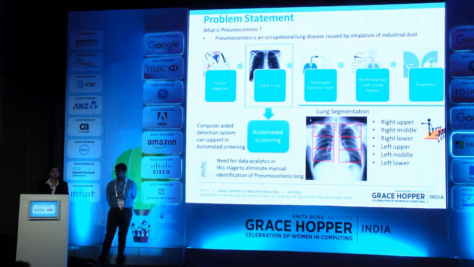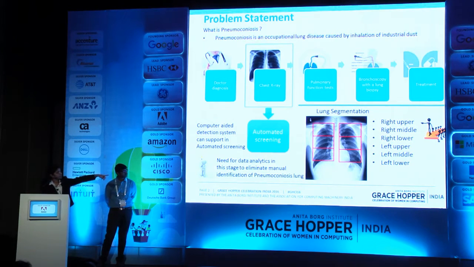To start with, the data set we started working with is as follows. On the right side, there are 2 lungs, left and right, and in general, when analyzing the lungs for pneumoconiosis patients, they divide them into 6 segments: right 3 segments, left 3 segments. Once the radiologist divides it, he analyzes the data zone-wise.